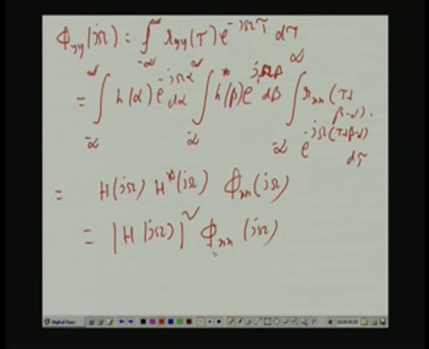Using this relation we will show that this Φxx(jω), whether it is a real valued process or a complex valued process, the power spectral density is not only real, but also non negative. We will show that. Then we will take up some examples of how to compute the power spectral density of certain famous processes.